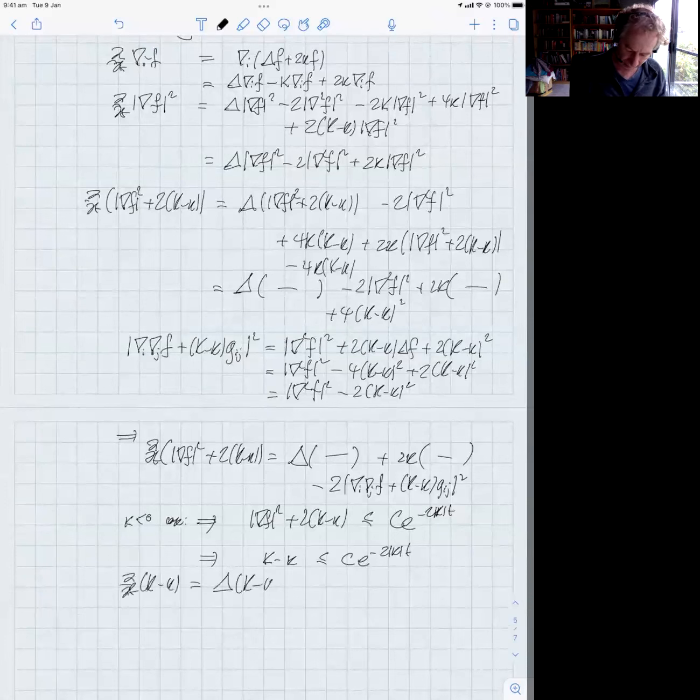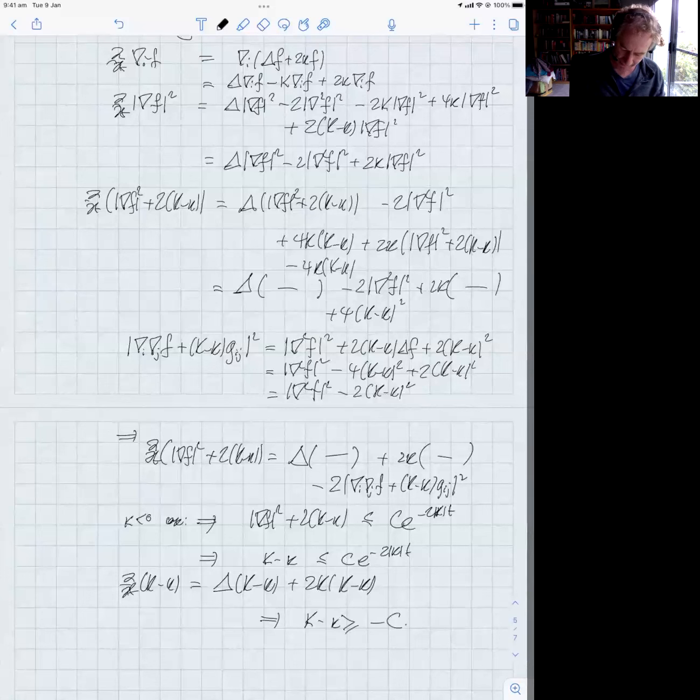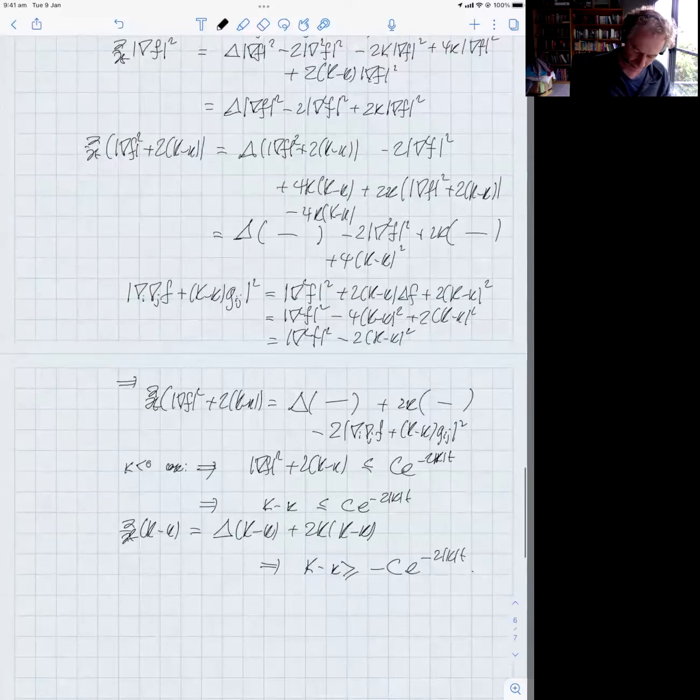So this is d/dt of (k minus kappa) is Laplace of (k minus kappa) plus 2k(k minus kappa). This gives me k minus kappa is greater than or equal to some minus c e to the minus 2 kappa t as well. All right, so I actually have a beautiful bound on Gauss curvature. It's just converging to kappa at an exponential rate.